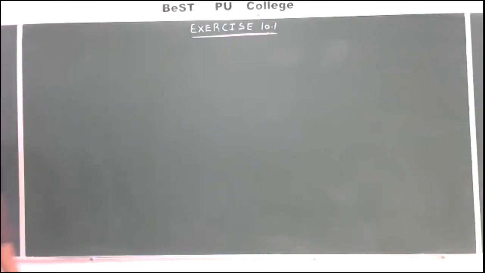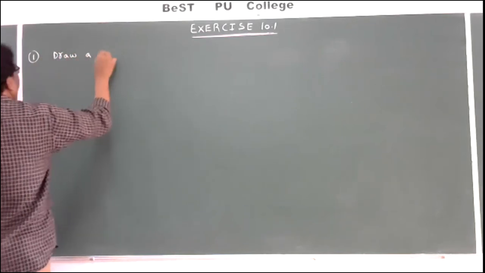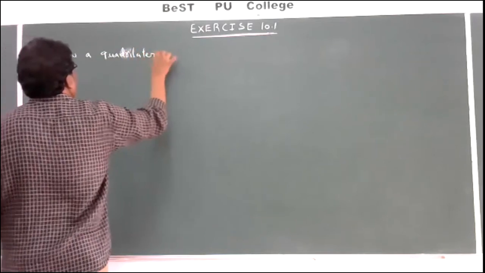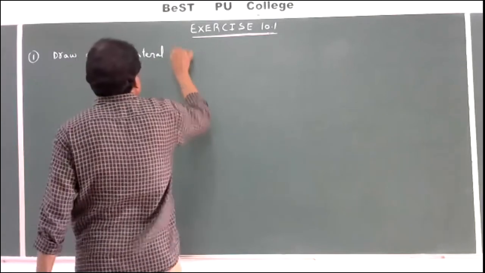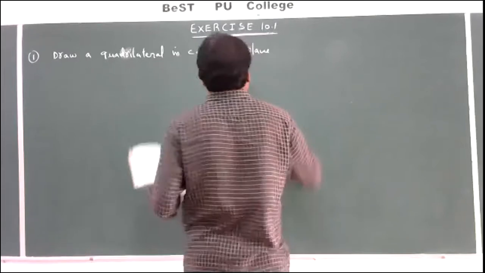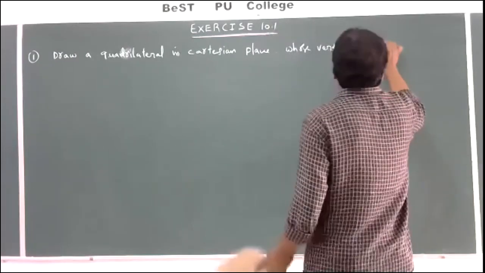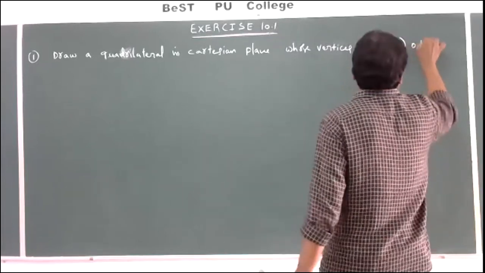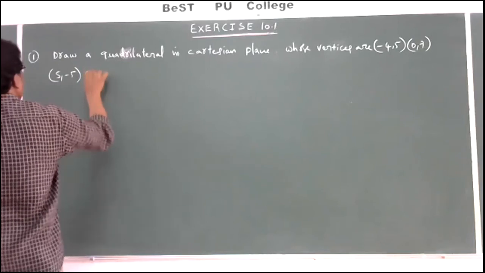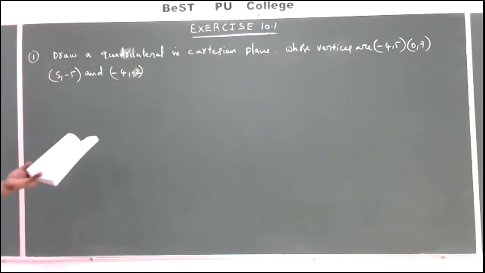So, first problem: draw a quadrilateral in the Cartesian plane whose vertices are (-4, 5), (0, 7), (5, -5), and (-4, -2).